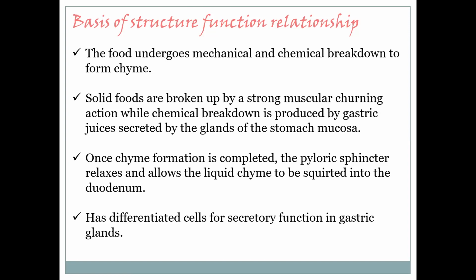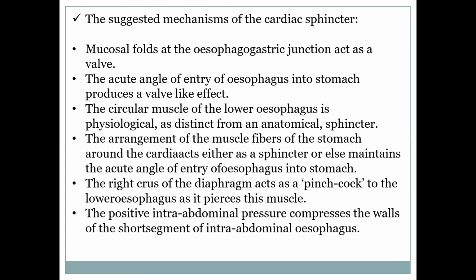For the secretory function, the gastric glands have many differentiated cells. And to prevent backflow of food from the stomach to the esophagus, there are suggested mechanisms of the cardiac sphincter.